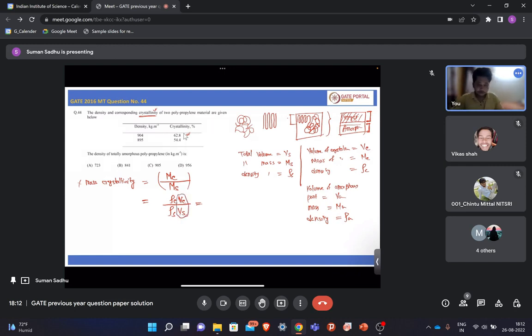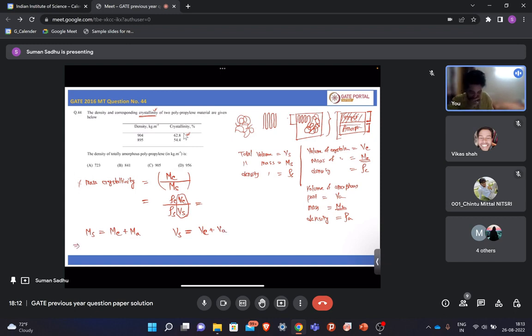In order to find this, we can write the total mass of the sample as the summation of the mass of the crystalline part plus the mass of the amorphous part. Similarly, the total volume can be written as Vs equals volume of the crystalline part plus volume of the amorphous part.